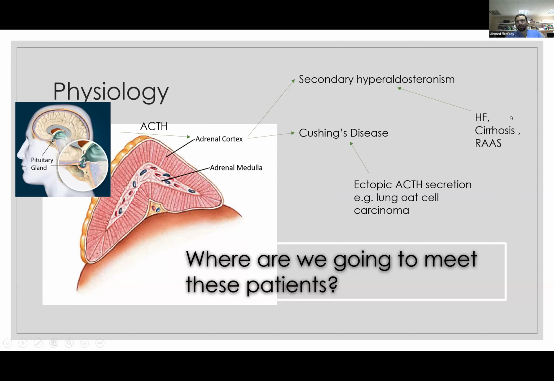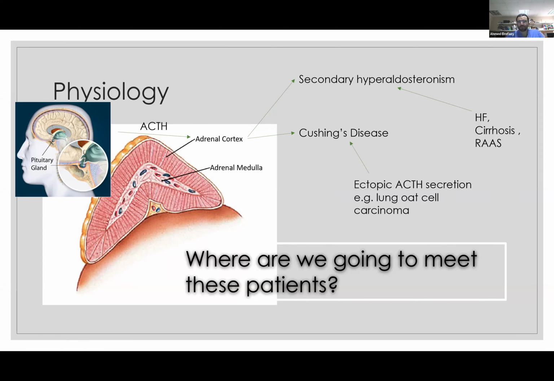This is decreasing the rate of eliminating aldosterone rather than increasing the rate of production, and it can be secondary to increased renin, angiotensin, aldosterone system activation. And for Cushing disease, there might be an ectopic secretory adenoma in the lung, secreting ACTH rather than the pituitary gland, causing Cushing's disease.